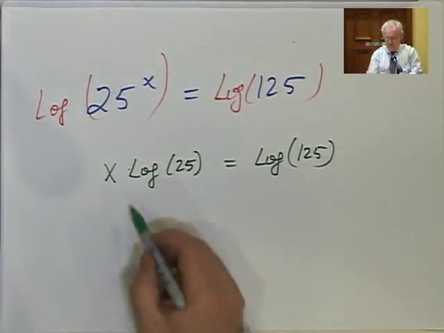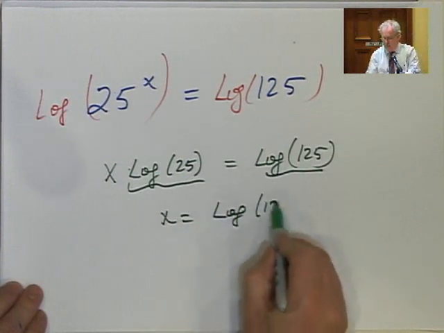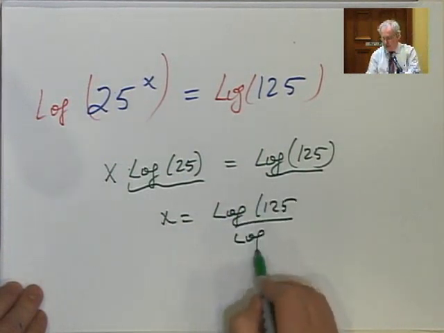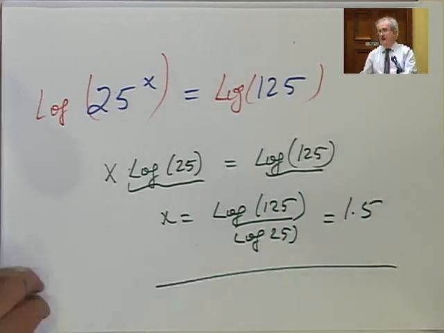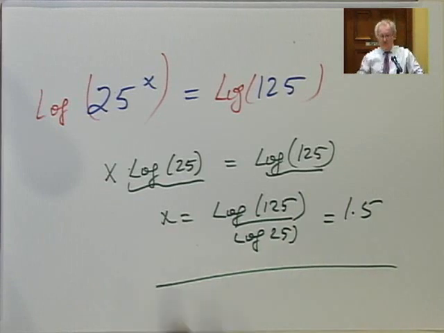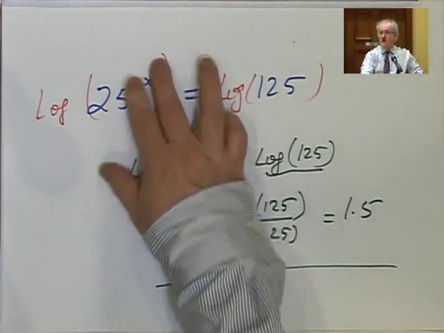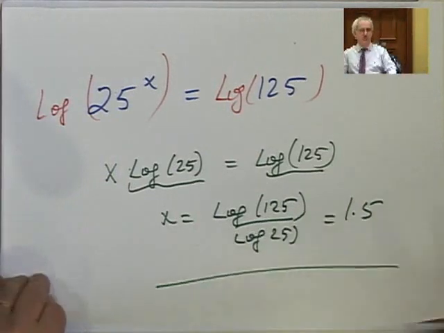That's a number. X is log 125 over log 25. And that turns out to be 1.5. Every time. If you get a power like that in the question, you can't see it, log kills it. Okay? It's in the notes there.